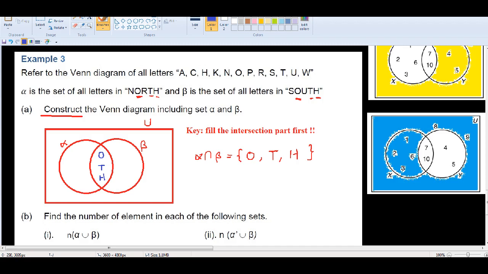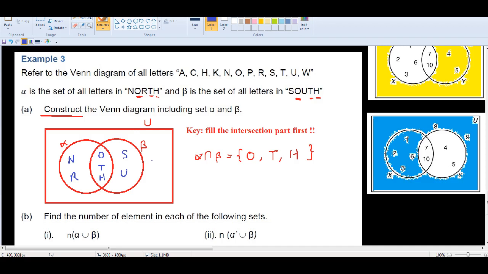Then you fill in the circles. For alpha, since O, T, H is already written down, all you need to do is write R, N and R. For beta, from South, S and U. Then all the letters outside the 2 circles.